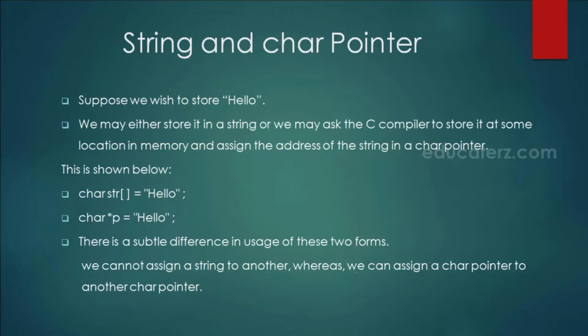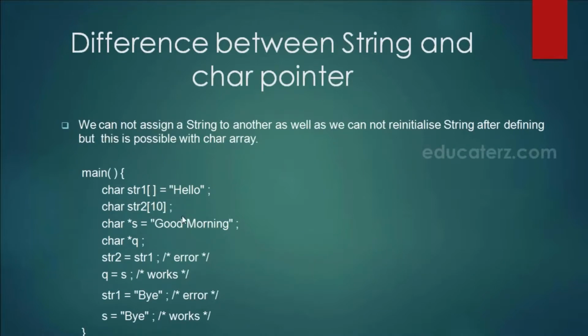But these two declarations are a bit different, and we have some constraints in the declaration when we have a character array. We'll check that through this example. As shown here, we cannot assign a string to another string, and we cannot reinitialize a string after defining it.